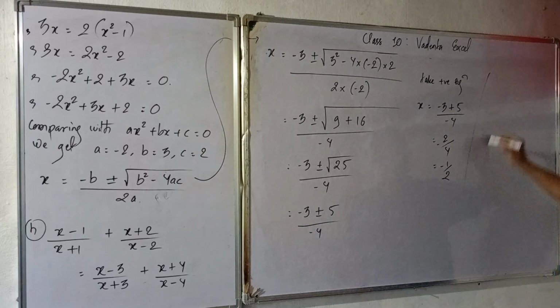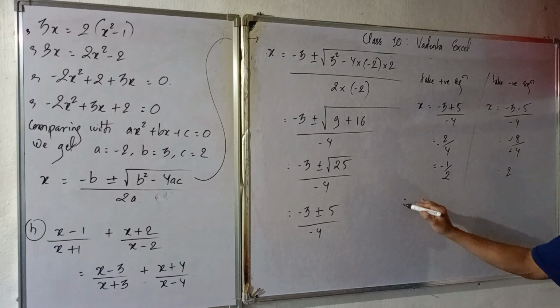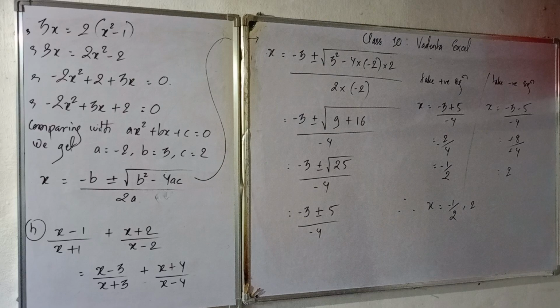That is one value, and take the negative sign: x will be minus 3 minus 5 divided by minus 4, this becomes minus 8 divided by minus 4, minus minus get cancelled, 8 over 4 is 2. So there will be two values for x, one is minus 1 by 2 and another is 2. It's clear.